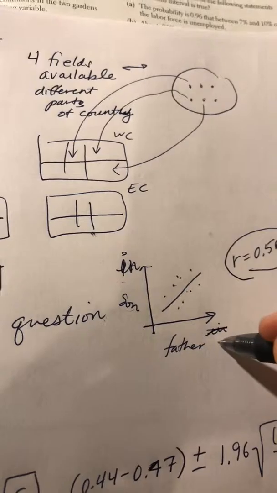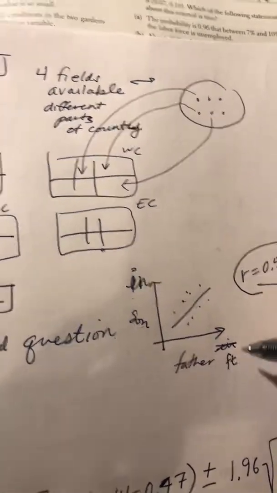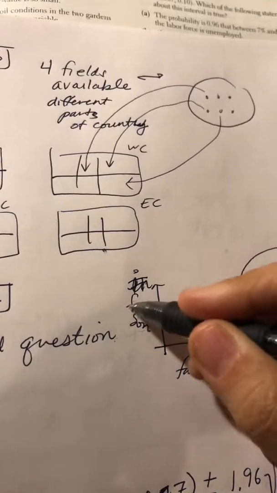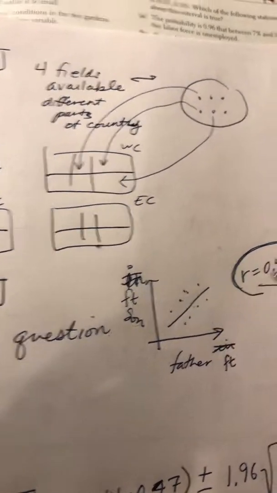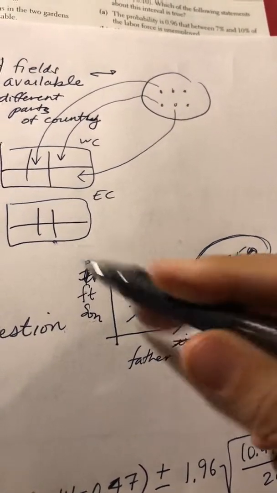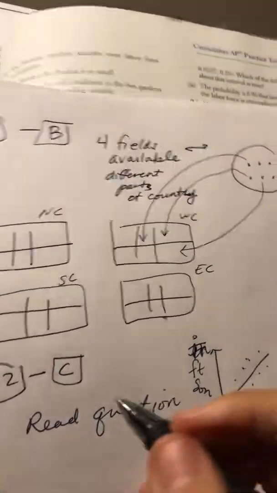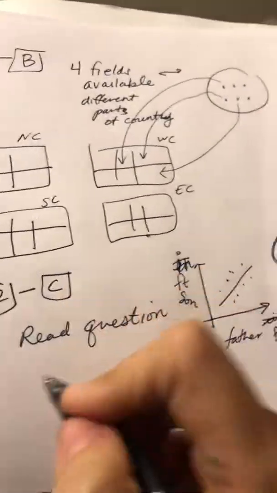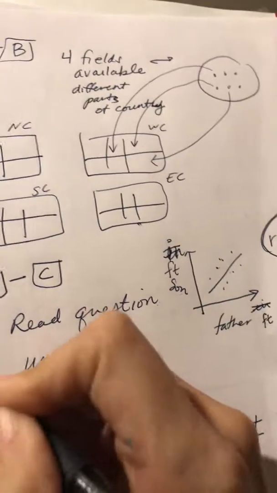Okay, now think contextually. If we changed the father's height and listed it in feet, maybe as a decimal, and then we list this in feet, then the distance that these numbers are away from the line of best fit would not change at all. The only thing that would change are the two labels of the graph. So that should match C. It is unchanged.